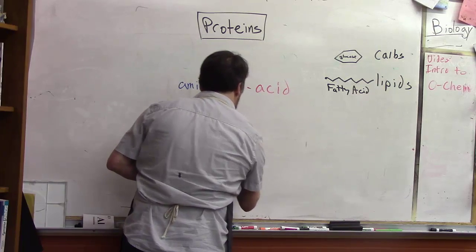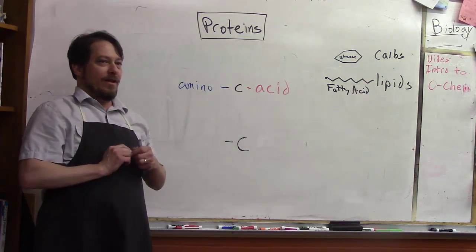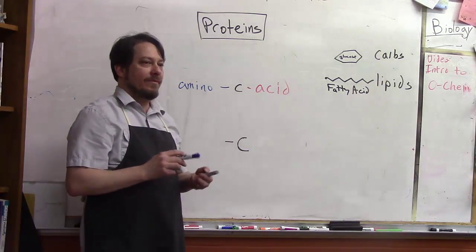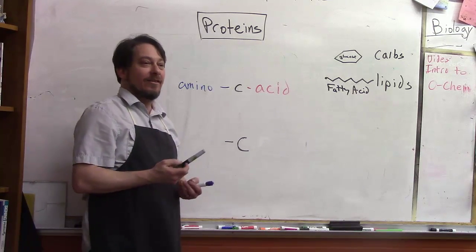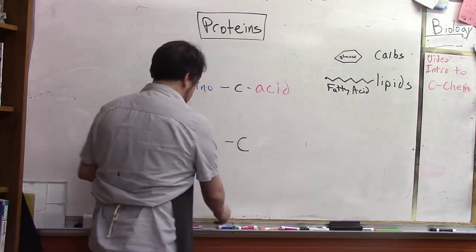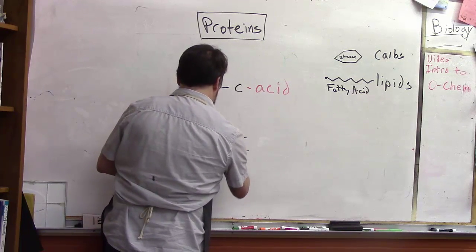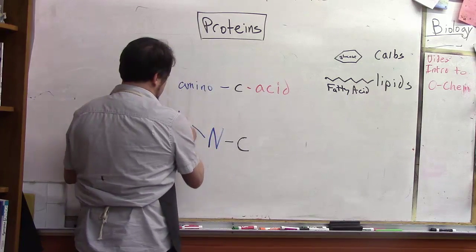Does anybody remember what the amino group looks like? It's R N H H. R meaning it could be attached to anything. NH2, N and two H's.